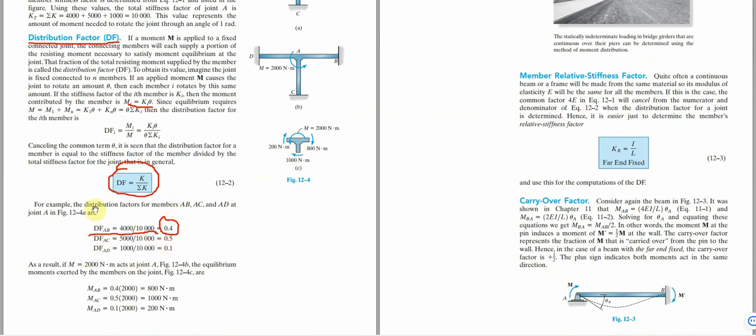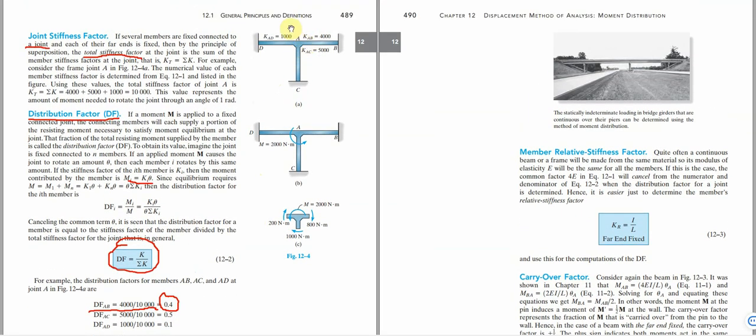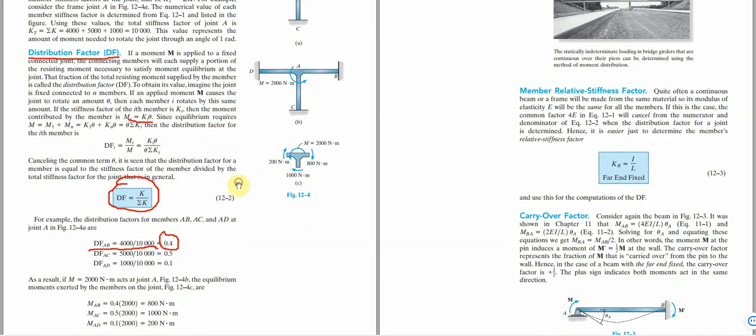Having arrived at this distribution factor, let's say our moment at the joint is 2,000 Newton meter, the total joint moment acting at this particular place. Now each of the members, the moment acting on each member will be 2,000 times whatever their distribution factor is.